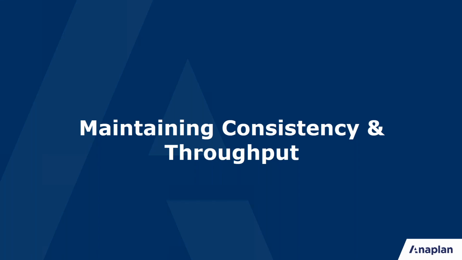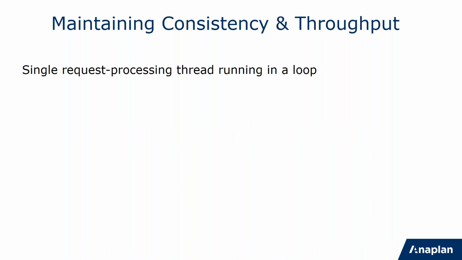Okay, so how do we do that? We have all the requests come in, and we have a Java process sitting on the server holding your model in memory. That Java process has a number of threads that are taking requests.